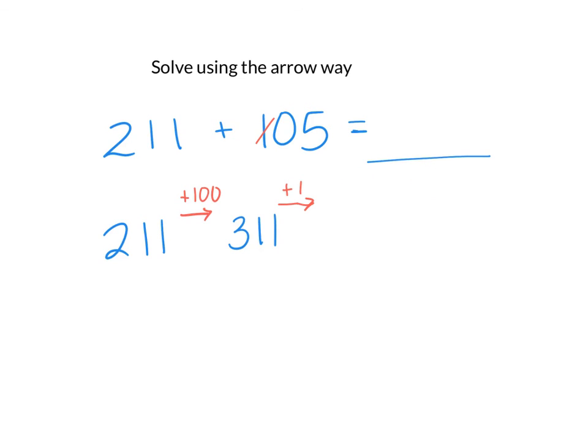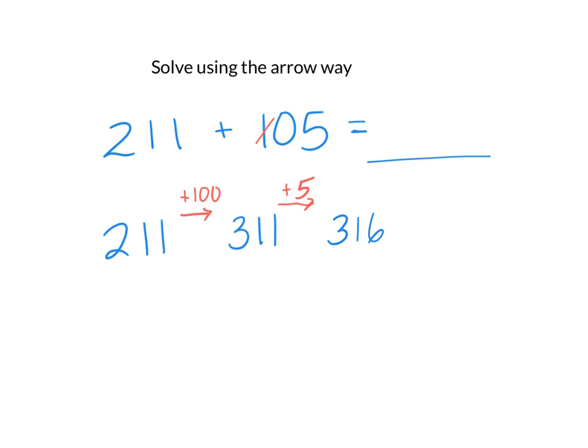So I see that I just need to add 5 ones, so that's what I'm going to put here. So I have 311 plus 5 more means a 5 plus my ones place is going to get added, so 316 is my final answer, okay?